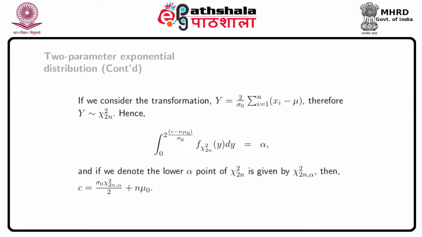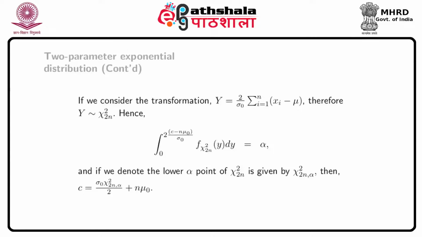If we consider the transformation y is equal to 2 by sigma naught summation i from 1 to n of (xi minus mu naught), we have y has a distribution equivalent to chi square with twice n degrees of freedom.